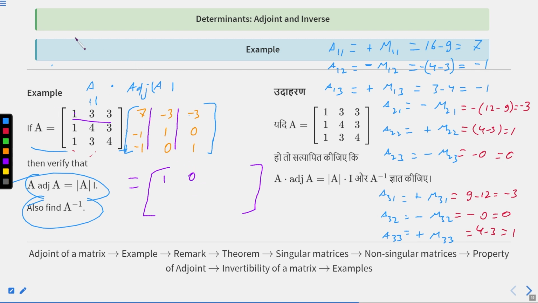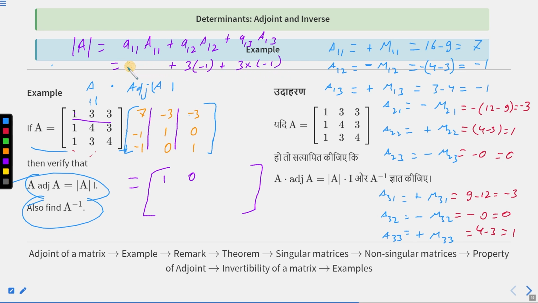Let me first also find the determinant of A. You all know that, as we already have the cofactors, I will find my determinant using cofactors like this: A11 times its cofactor, plus A12 times its cofactor, plus A13 times its cofactor. So the A11 entry is 1, multiplied with 7, plus A12 is 3, multiplied with minus 1, plus A13 is 3, multiplied with minus 1.